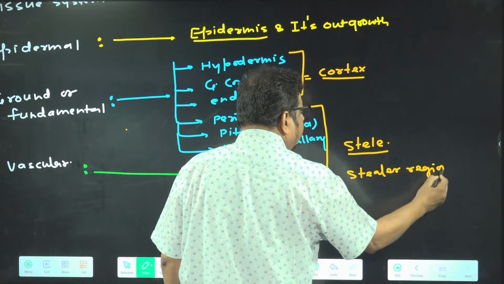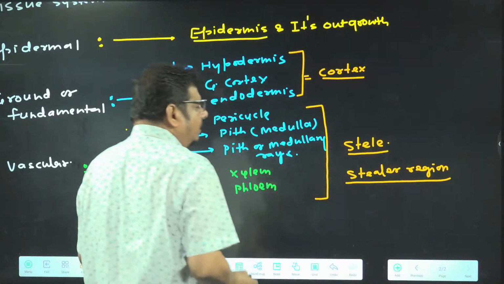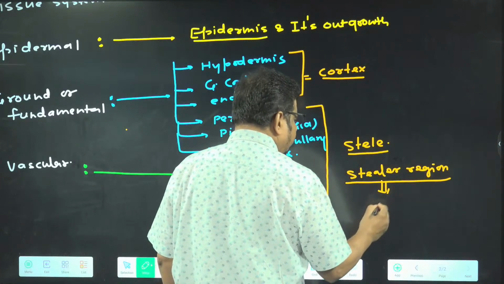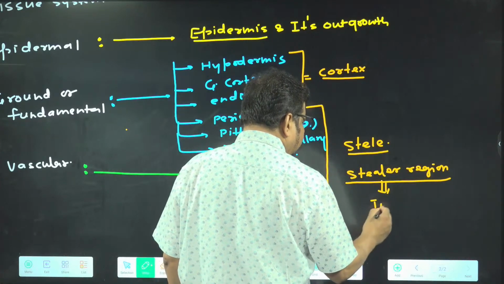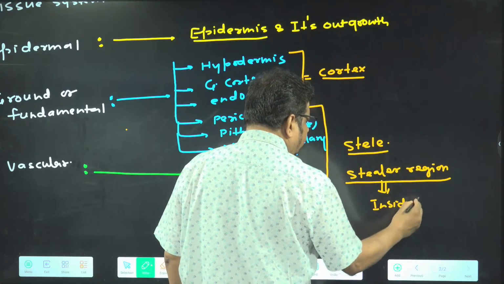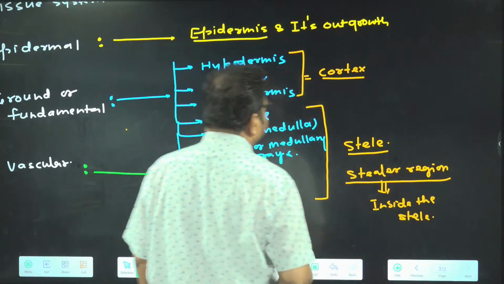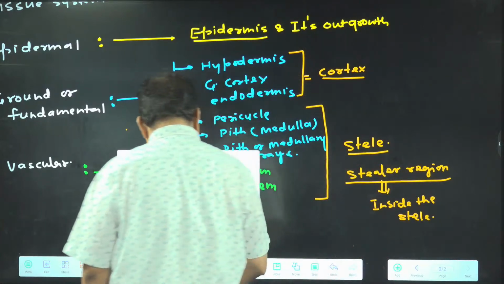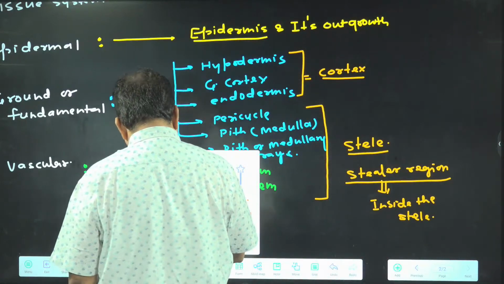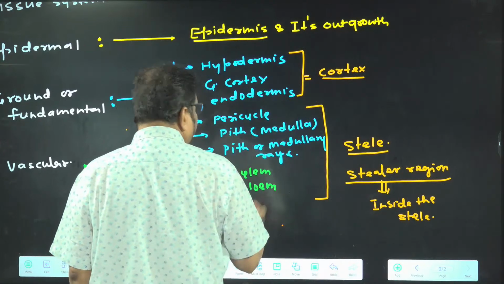Wherever the stele is there, that is called the stelar region. So the stelar region is what basically? Inside the stele. Getting the things? The stelar region means starting from pericycle to phloem.